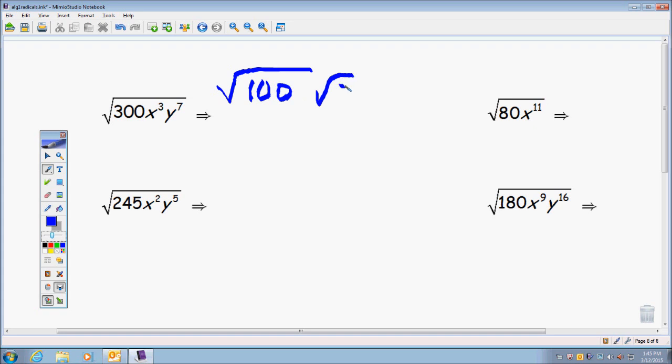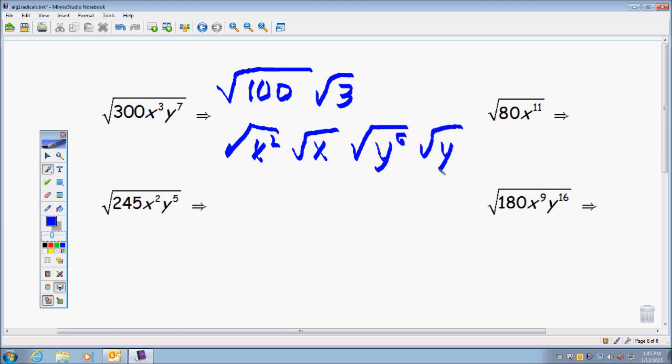100 times 3, that's 300. X cubed is x squared, and x. Y7, sometimes there's a lot of these, is y6, and there's one y left over. Now, who's playing outside? This guy's playing outside. There's your 10. Skip that.